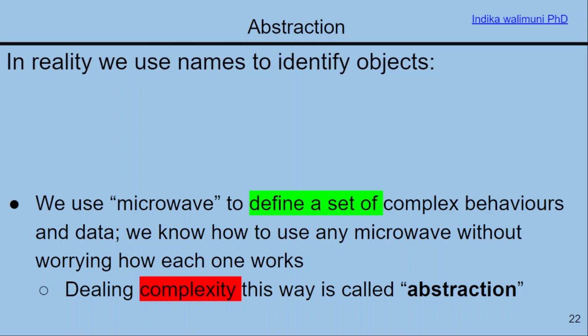So we don't worry about how it works or specifics. We simply refer to the name microwave. Okay. So dealing with complexity this way is called abstraction. Okay. So the name for this kind of dealing is called abstraction. We say we abstract out the things it does and all the data and the behavior into its name. Okay.